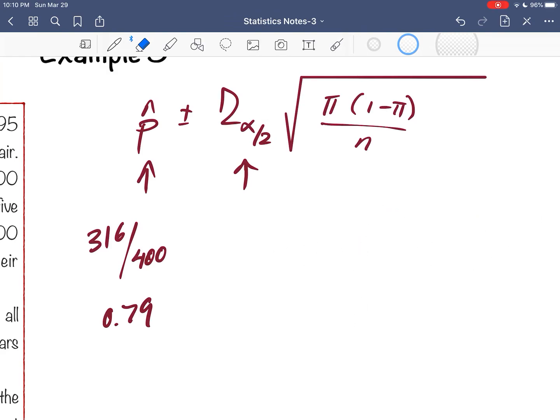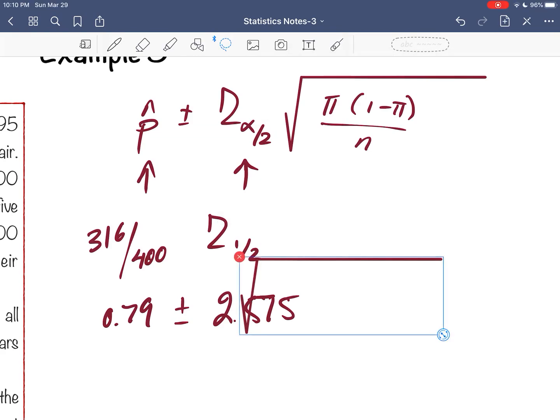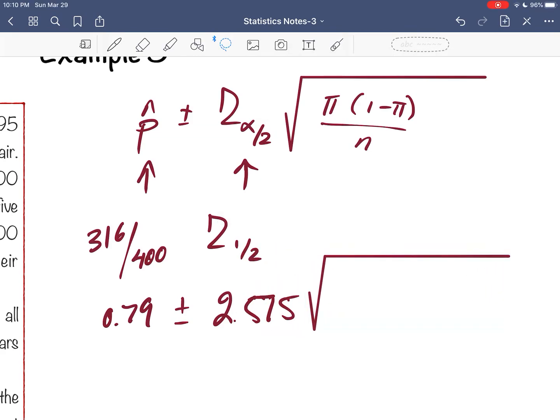So this is the 99% confidence interval, so Z alpha divided by 2. And I know we've done this before many times, so I'm not going to waste your time looking it up in the Z table. The answer to that is 2.575. And once that's done, I go ahead and multiply by the standard error.